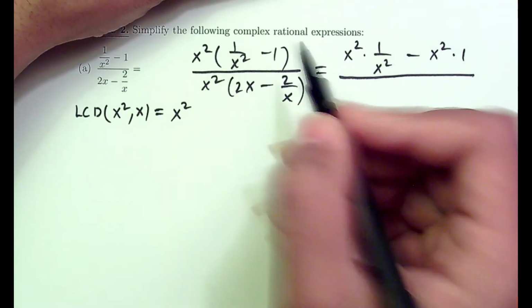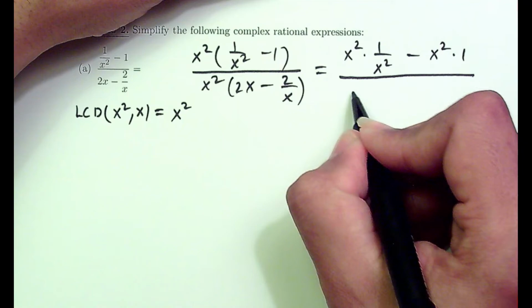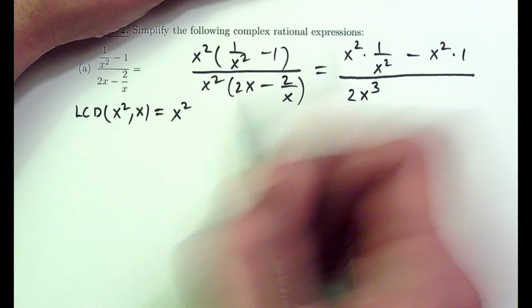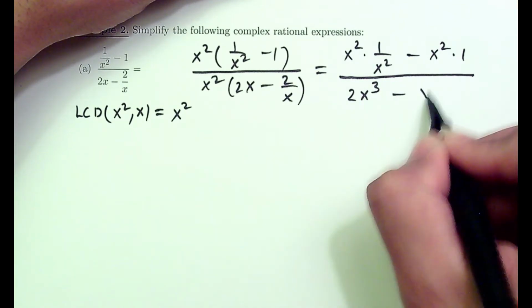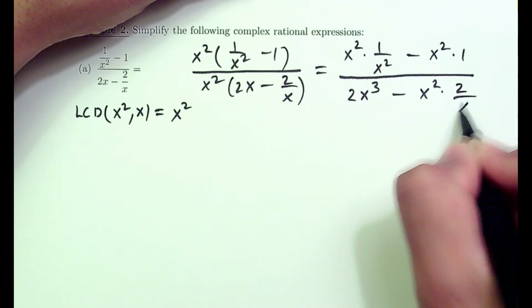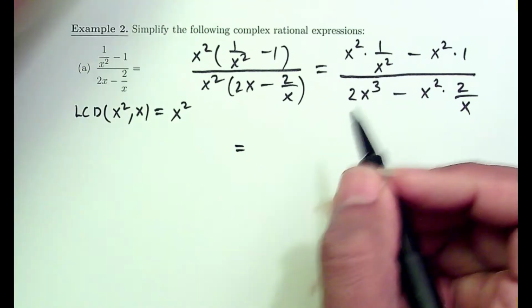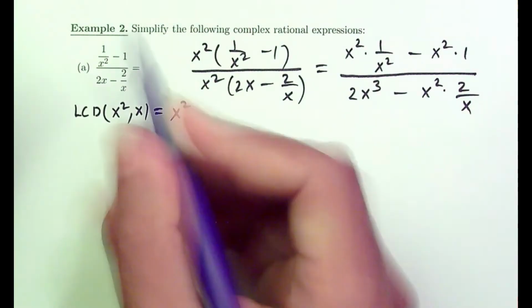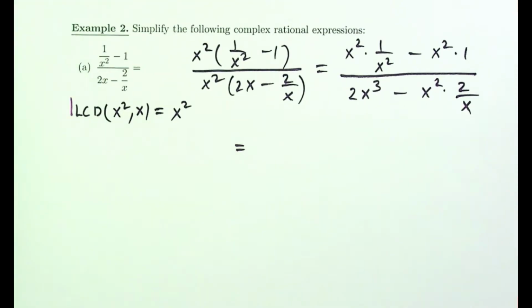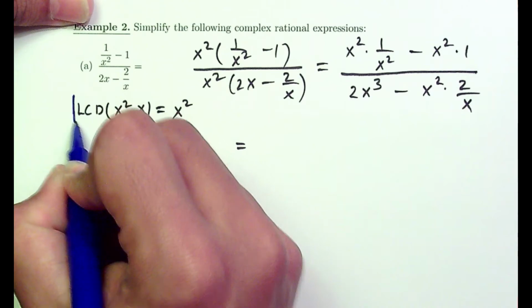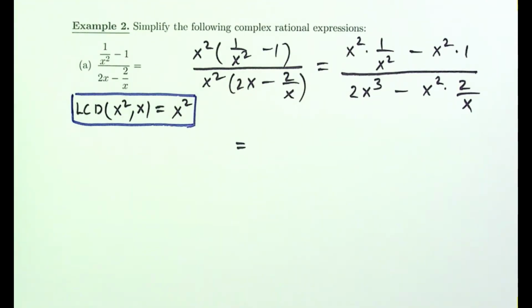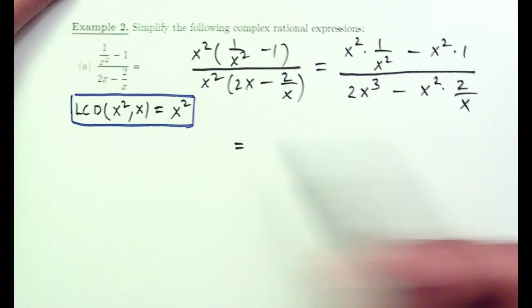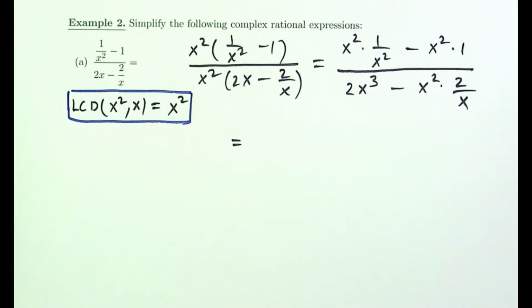Distributing here. And then distributing on the bottom, you're going to have 2x cubed, because x squared times 2x is 2x cubed, and then minus x squared times 2 over x. Okay, let me box this thing up so I wouldn't get it mixed up. Okay, so we continue here. So here, now you see x and x squared cancel.